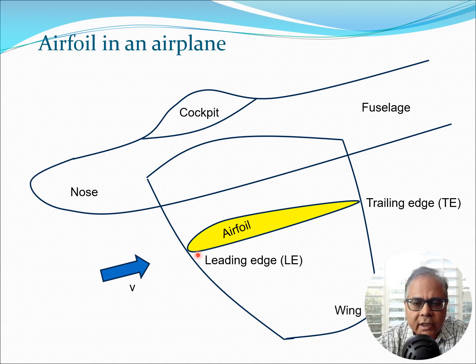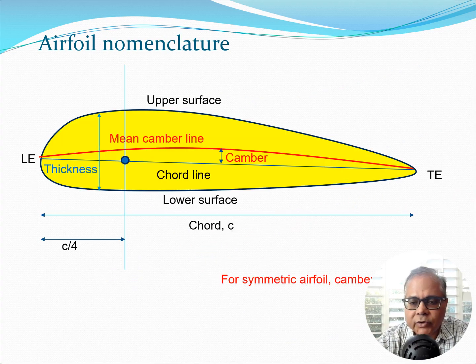Essentially, this airfoil section has come up over many years as the proper cross section to have for an aircraft wing because it tends to generate a high amount of lift and a relatively low amount of drag. We call the front of the airfoil the leading edge. That's where the velocity is coming, and the end part the trailing edge. That's the place where the air goes off.